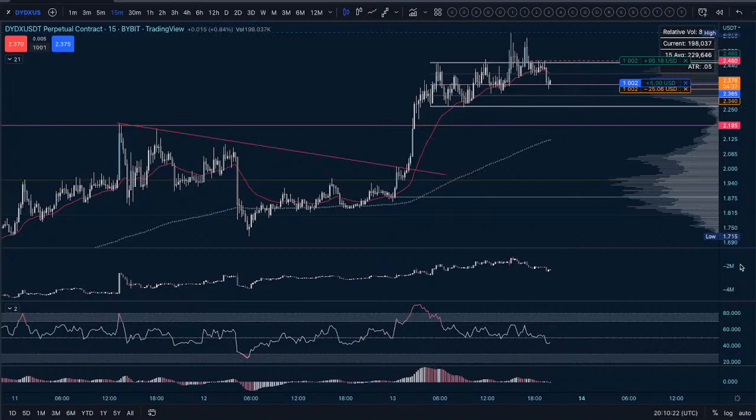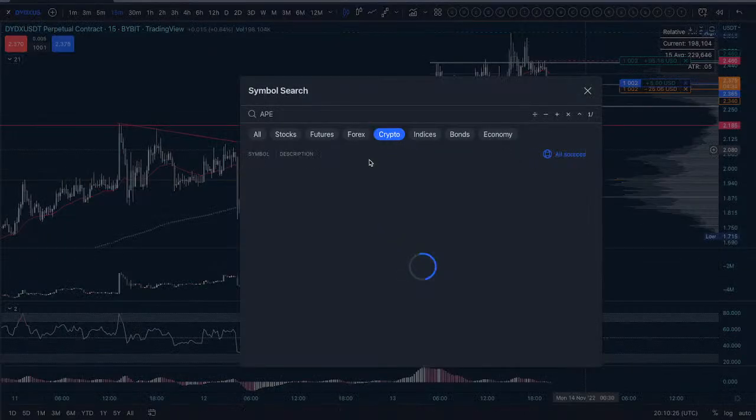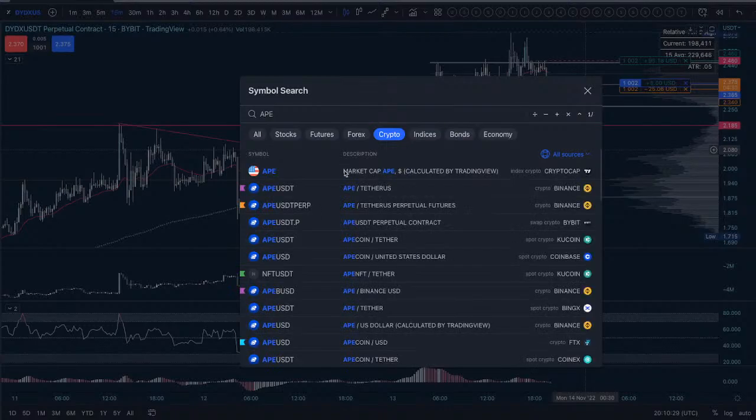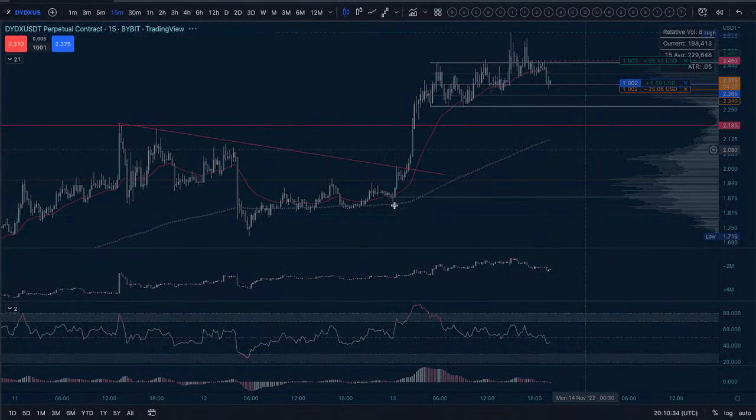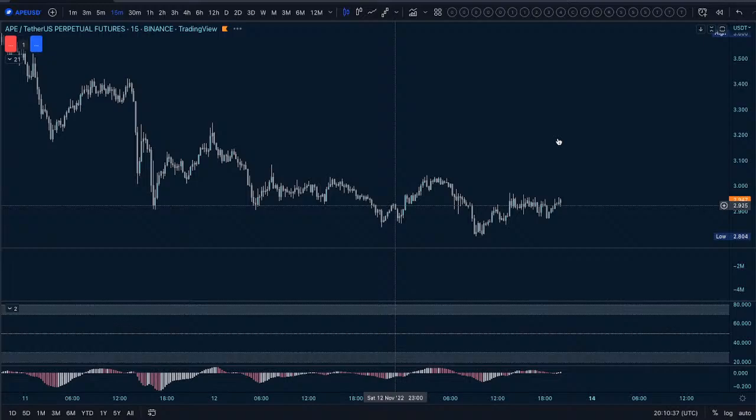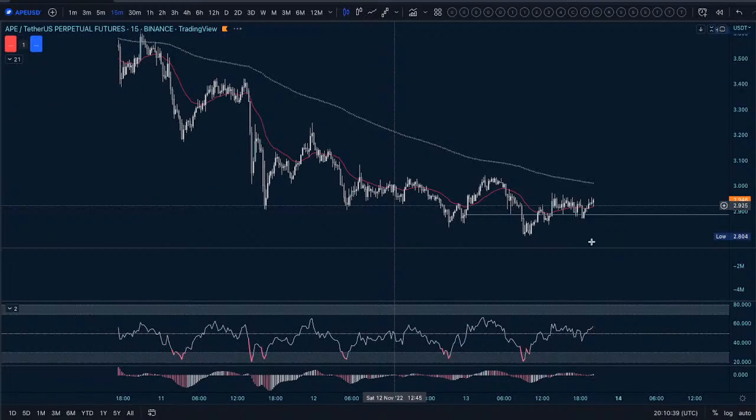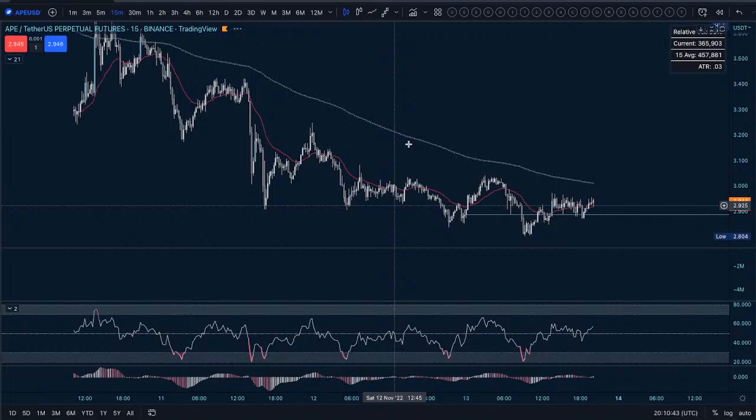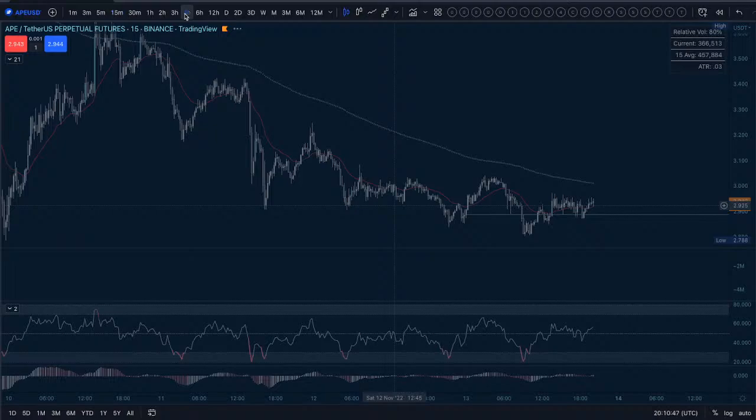Okay, let's go back to Ape. Why I don't like it. First of all, Ape has been a shitty market all along. This is looking fine for now, but the higher time frame picture is what basically stops me.